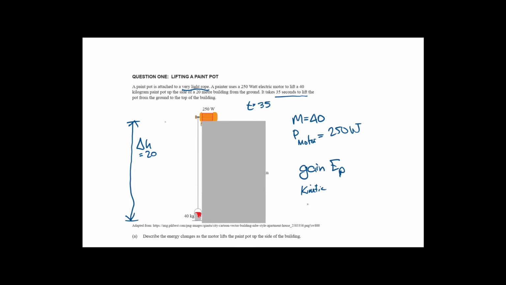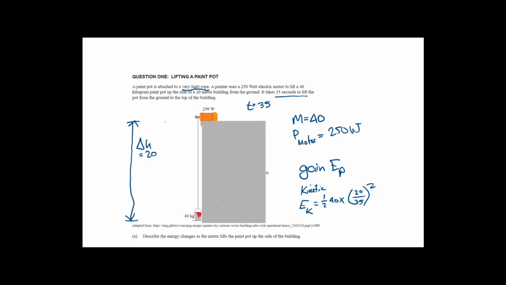And the kinetic energy, we can work it out. So we're going to presume that it's a constant velocity that's moving up. It is going to be half times the mass, which is 40, times the distance, the 20 meters over 35 seconds, squared. So it's going to have that while it's moving.